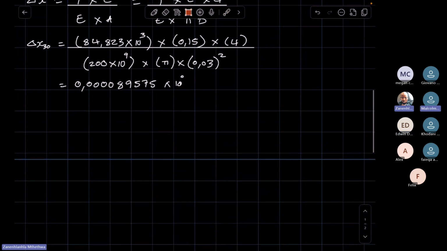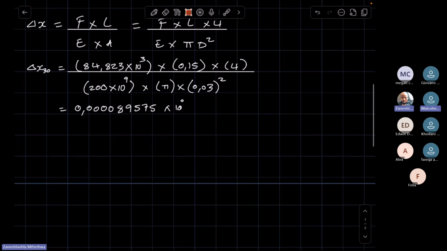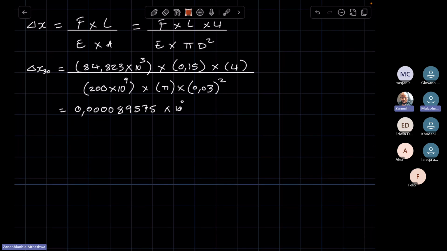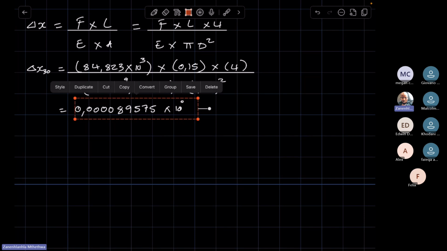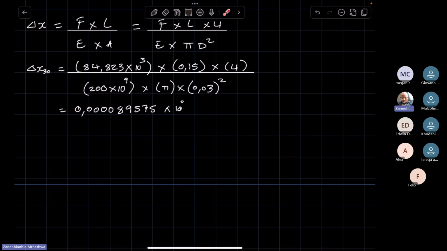Sir, will it affect your answer if you don't press engineering notation? It will affect your answer. For instance, if under the instructions you are told to round off to 3 decimal places, essentially your answer will be 0.000. Do you see what I'm saying?